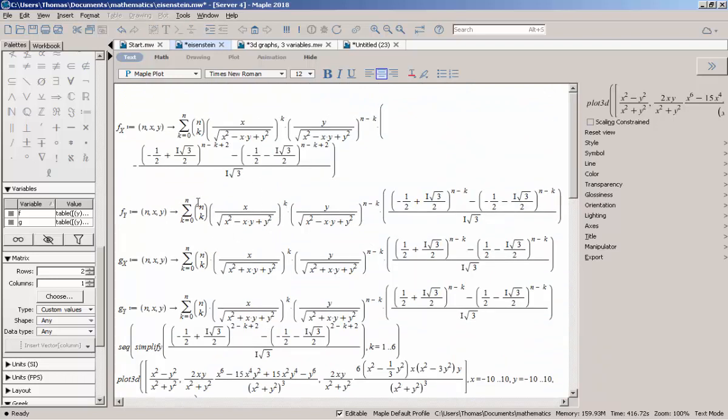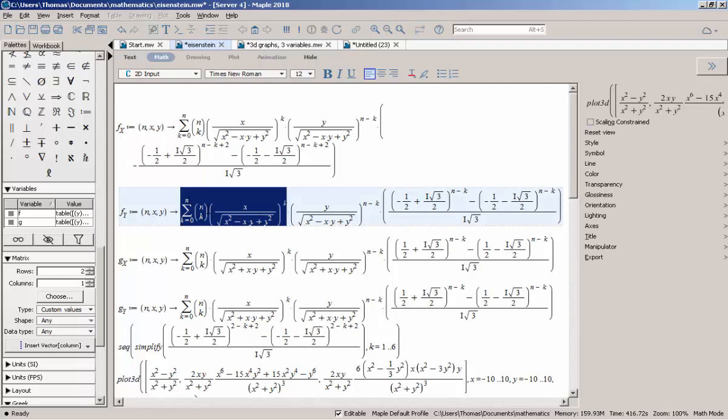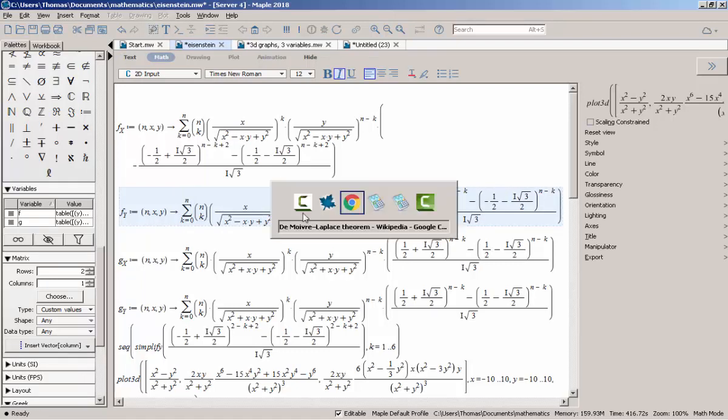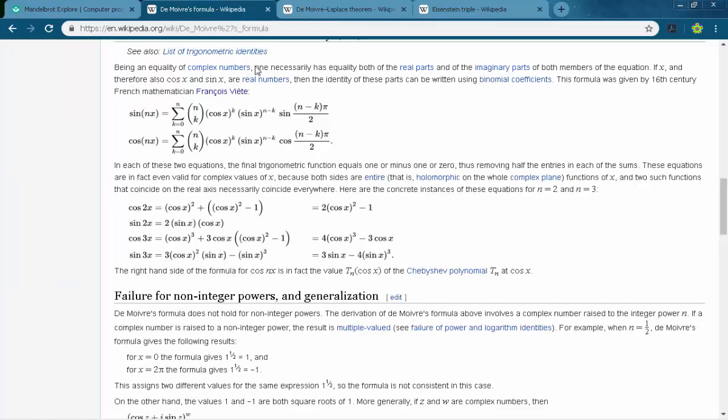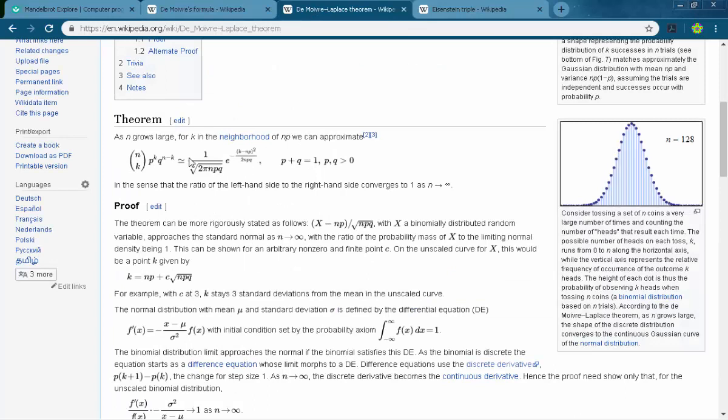So we did the functions, we talked about the sum, the binomial, those two things, Laplace, De Moivre's. Alright, De Moivre.